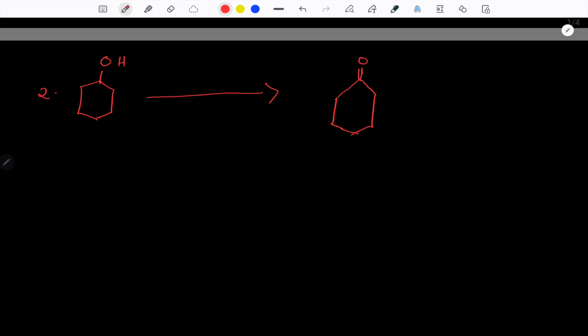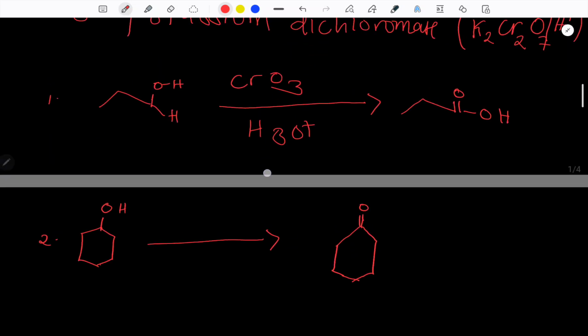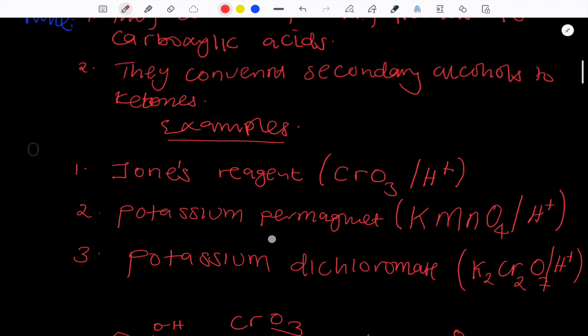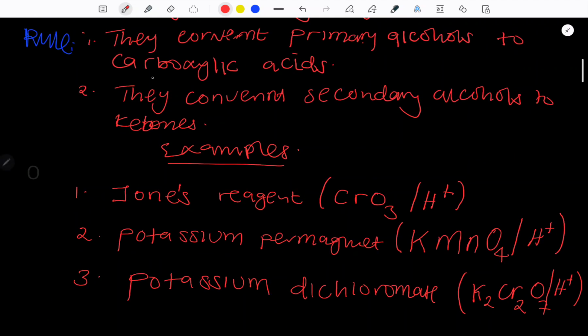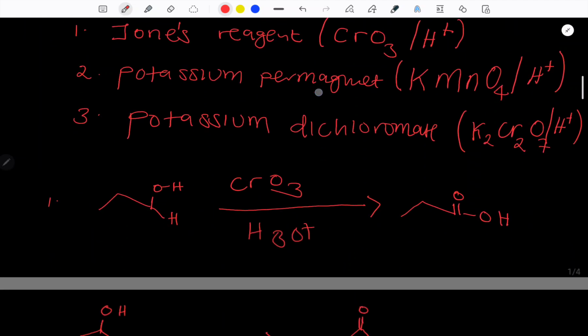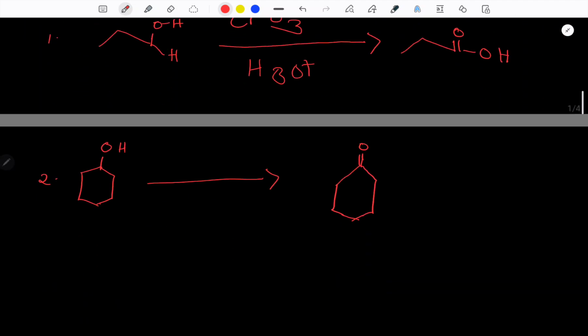Now remember law number 2, which explains that strong oxidizing agents convert secondary alcohols to ketones. So this is our secondary alcohol, and it has been converted to a ketone, meaning we are going to use a strong oxidizing agent.